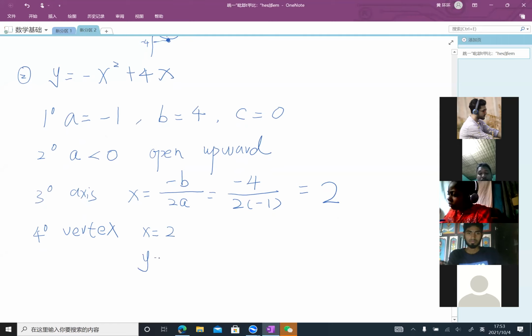And y is equal to, we let x equal 2 in this equation. We can get the y coordinate.